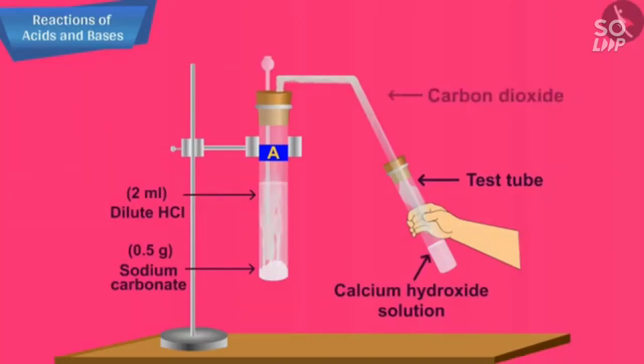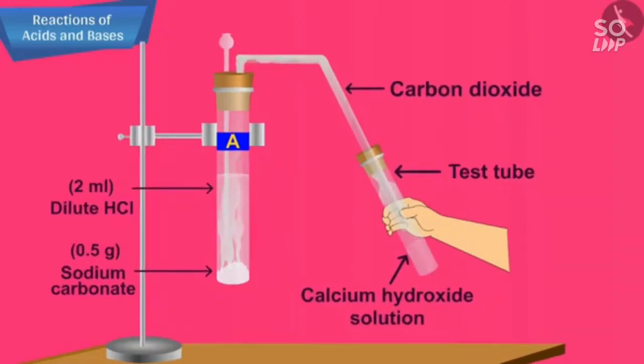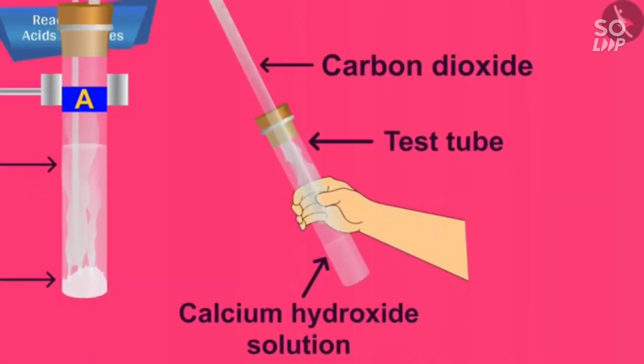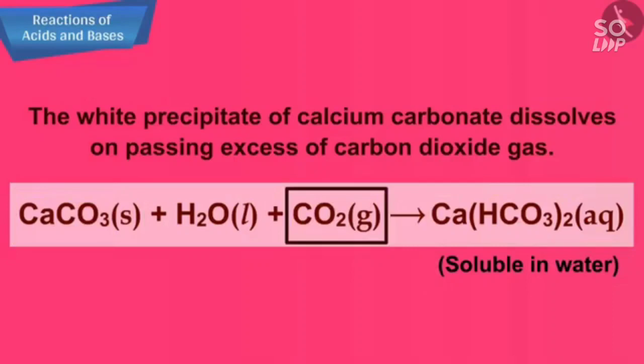Keep on passing the carbon dioxide through the milky lime water for some time. The lime water becomes clear again. This shows that the white precipitate of calcium carbonate dissolves on passing excess of carbon dioxide gas.